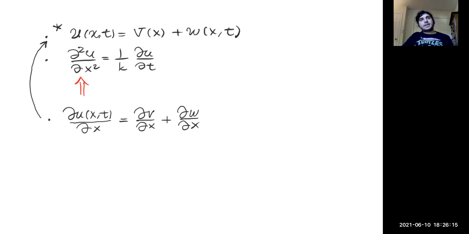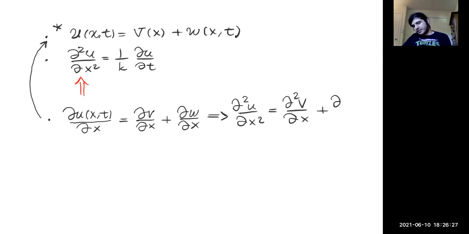Let's take the second derivative. The second derivative of u with respect to x would be the second derivative of v with respect to x plus the second derivative of w with respect to x. Okay, we know the value of one of these terms. Do you recall which term it is? Between these three terms here, we actually know the value of one of them. Yes, that is correct.